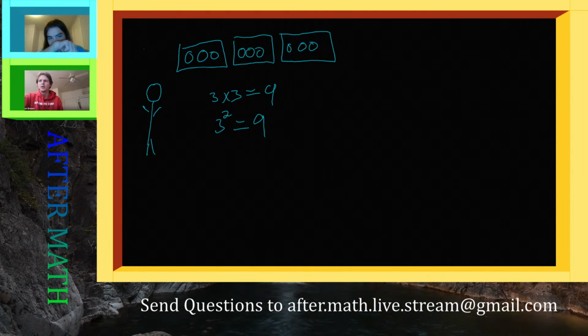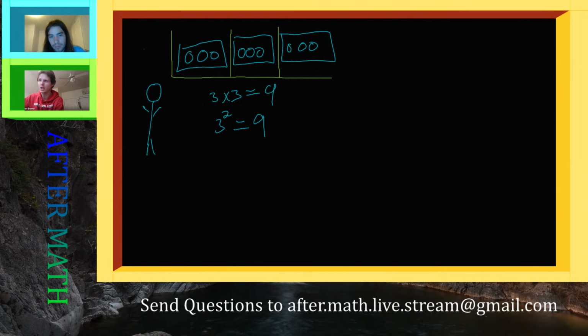So, what we would probably have to do is draw more of like a table. So this is our table right now, right? If we extend that table, we can get like 3 to the third, 3 to the fourth.